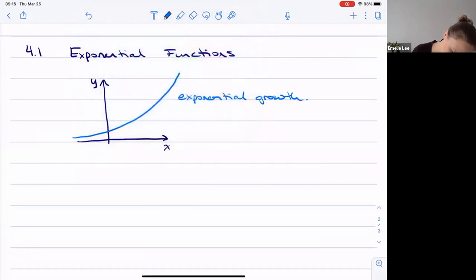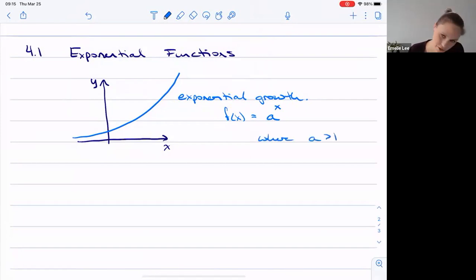And so exponential growth has f of x equals a to the power of x, where a is larger than 1, and we'll talk about what happens if it's between 0 and 1 later. But for now, let's just talk about exponential growth.